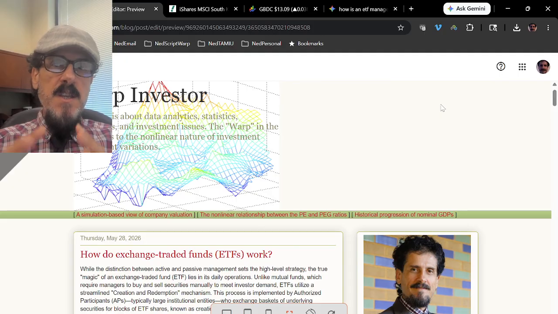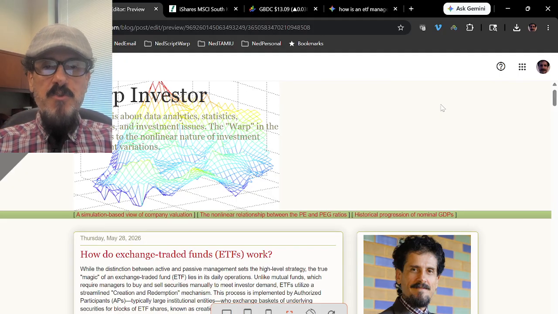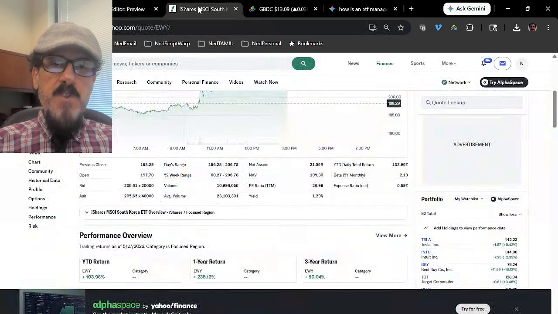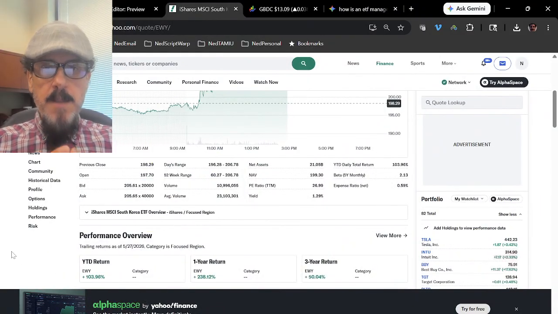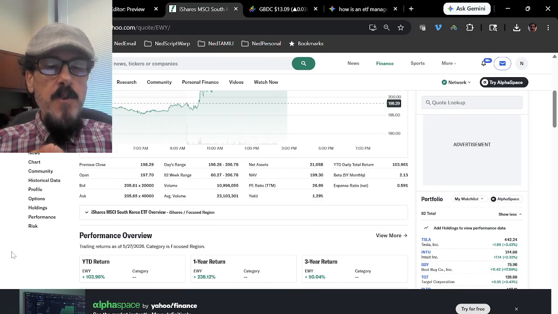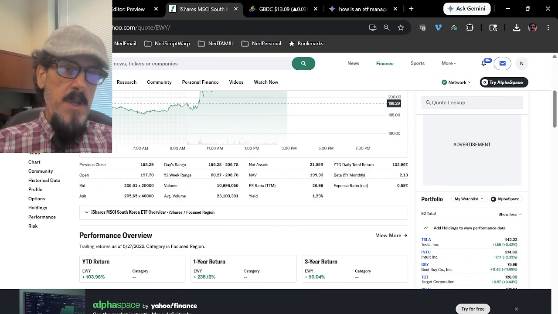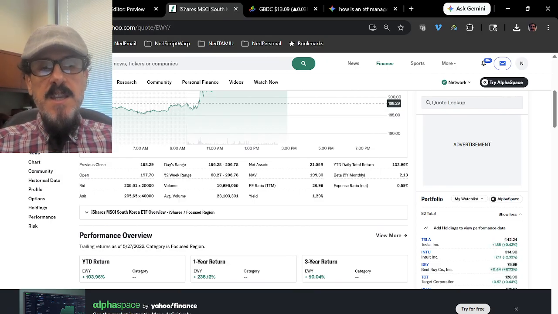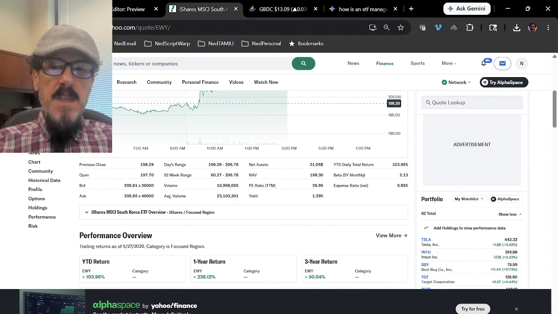Because of that, and that's an advantage mutual funds have over ETFs, there is no bid-ask spread.